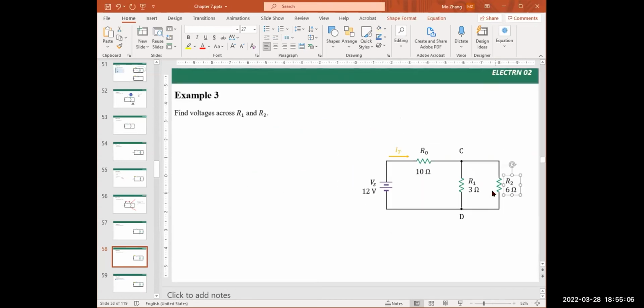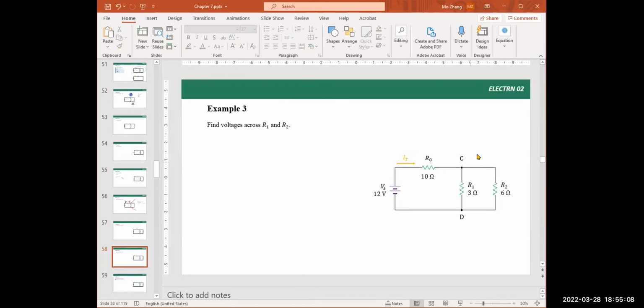So this is our train of thought, our plan of attack. We need to know how much voltage is across CD. That's fine, not too hard. From example 2, we calculated the current in the main branch going to R0 is 1 amp.